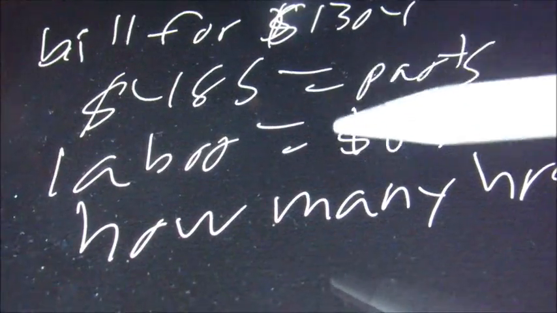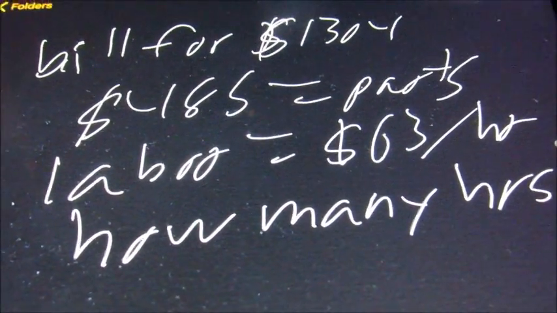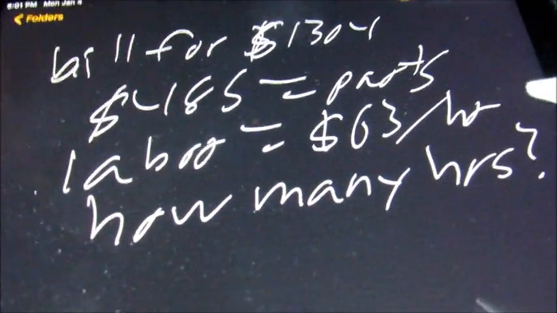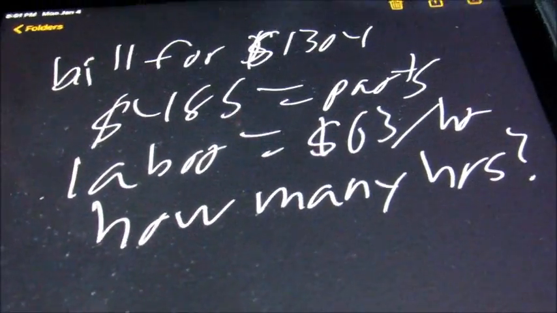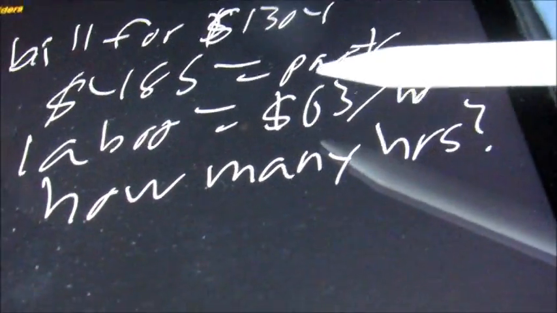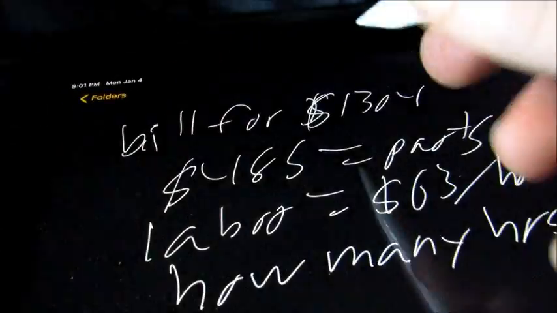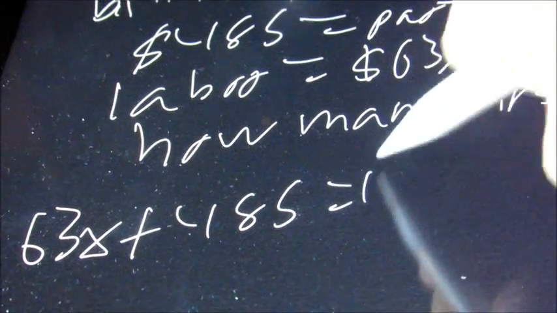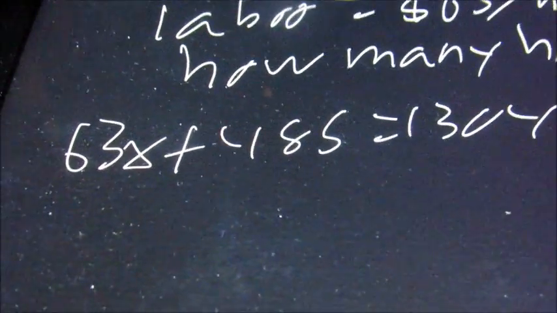So we know that we're going to add parts plus labor equals the total bill, and we want to know how many hours there are, and that's going to be our x, is hours. But we know that every hour is 63. So we're going to say 63x plus the parts, plus 485, equals 1304.